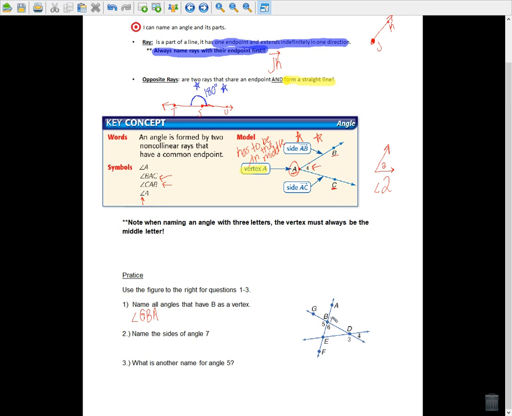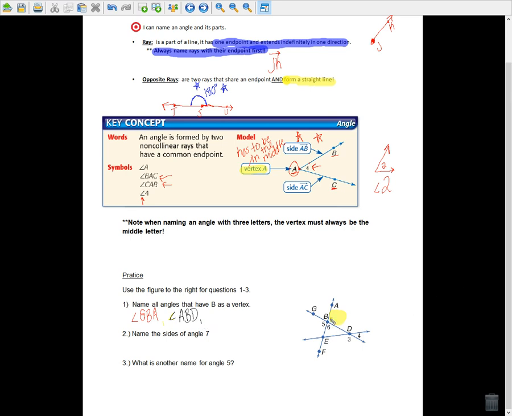Over here, this angle to the right, we could name this angle 7, but again, I want to name this by the angle with the letters. So I'm going to say angle ABD.